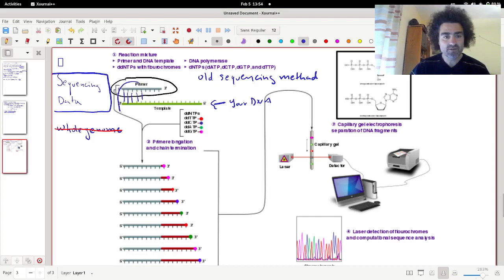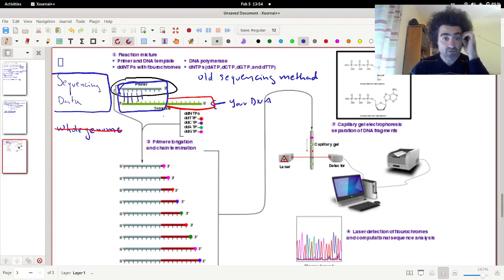So you will have this hybridization here, and then this red part is the part that you really want to sequence. So the primer is known to match this part of the template here, but this one is unknown and you want to find out the exact sequence of this part.